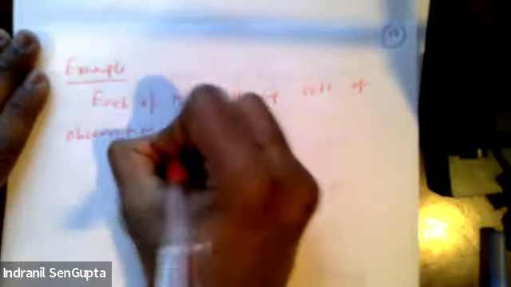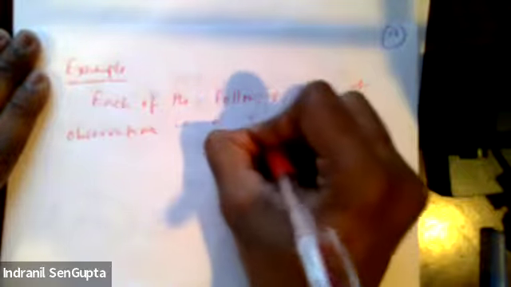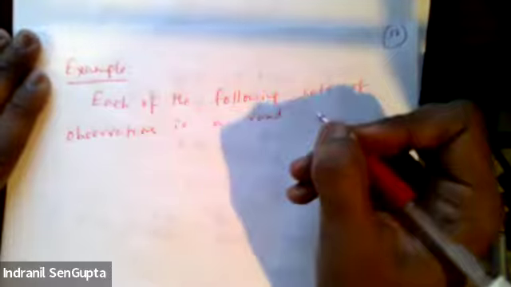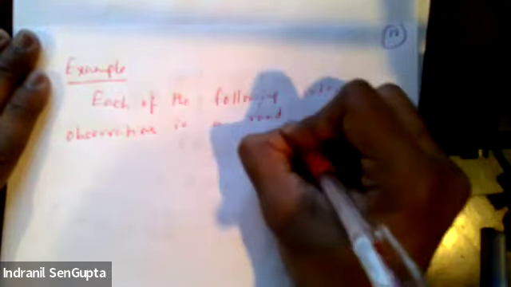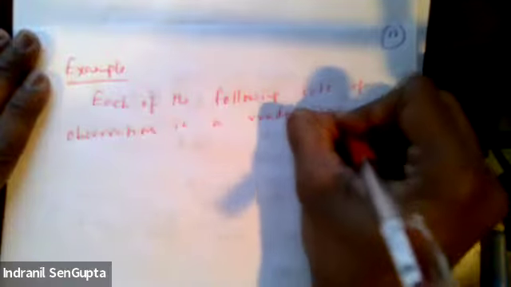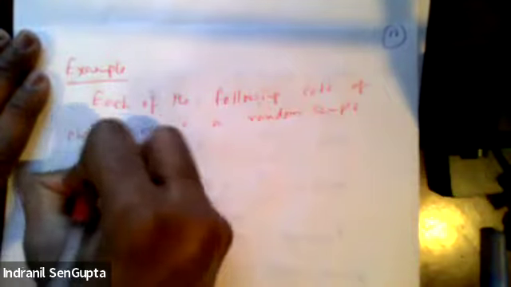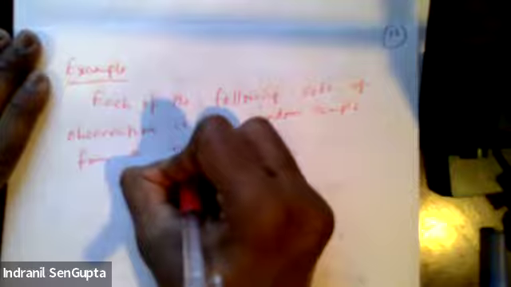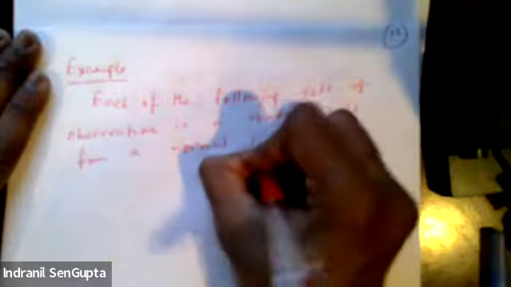Each of the following sets of observations is a random sample from a normal distribution or normal population.